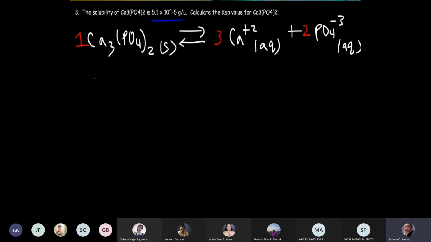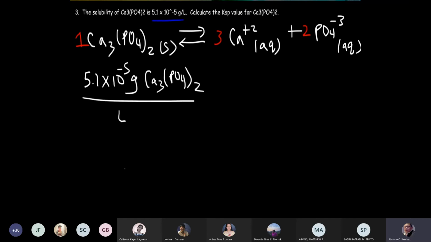And we're given the solubility in grams per liter, as opposed to moles per liter. So the first thing we need to do is calculate the molar solubility in moles per liter. So let's start out with this. We need to find the molar mass of calcium phosphate. So let's go ahead and calculate it. The atomic mass of calcium is 40.08, and there's 3 of them in this formula unit.